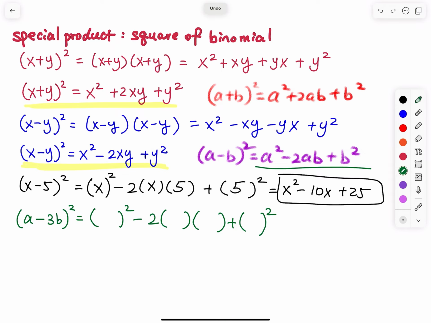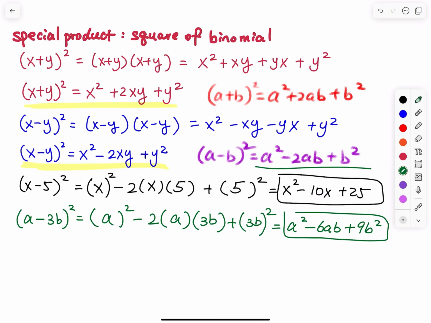All right, so this is a squared minus 2ab plus b squared, just like fill in the blanks. So you have a squared minus 6ab and then plus 9b squared. You can box this, so that will be your final answer.